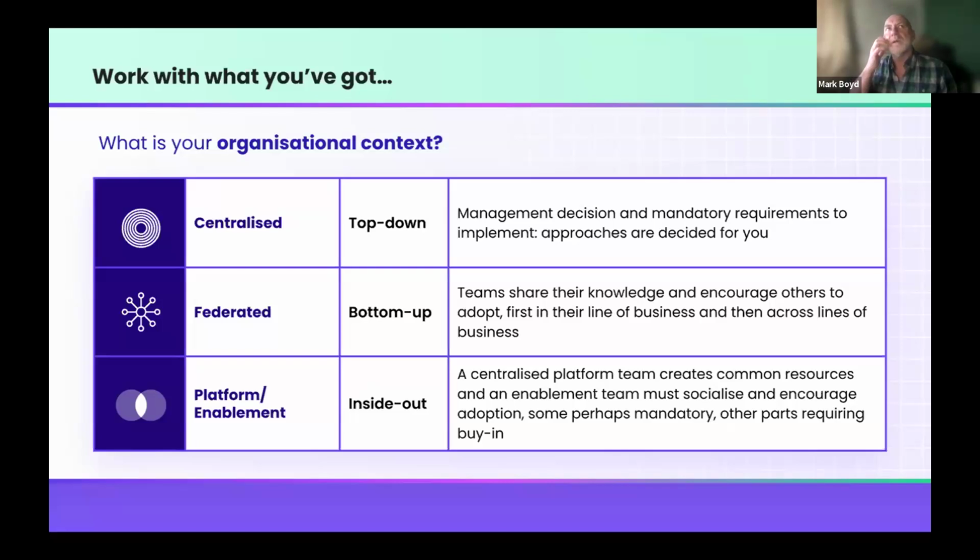What we find when we talk about governance is you need to know where you are, who you are, what you want, and who you need to convince. So first of all, what is your organizational context? Because saying let's set up an API governance committee, sure, that's going to work in a centralized area, but it's not necessarily going to work in a federated or in a platform and enablement type environment.